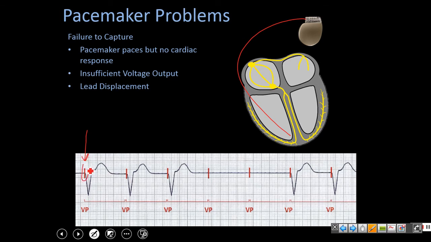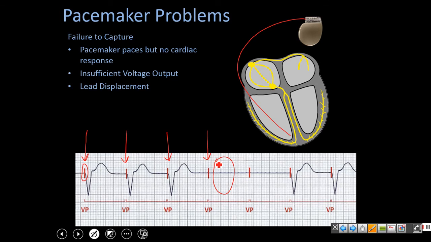And you can tell that because there's a pacing spike in front of each QRS followed by a wide QRS. So it's vent pacing. And then we see a pacer spike with no cardiac activity. So nothing happened.